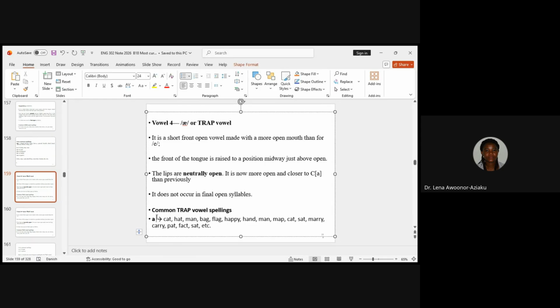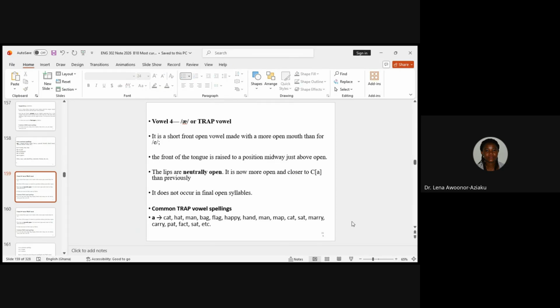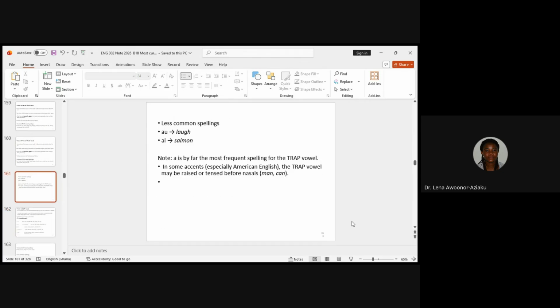That is why they call it trap. So cat, mat, man, bag, happy. Then some other spellings like laugh, salmon. So note, by far the most frequent spelling for the trap vowel is A.